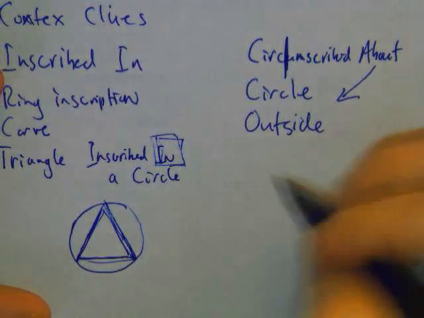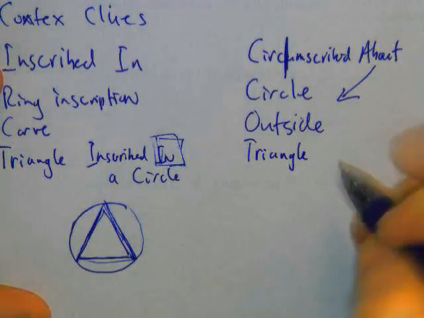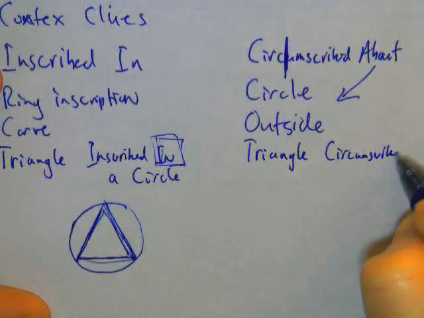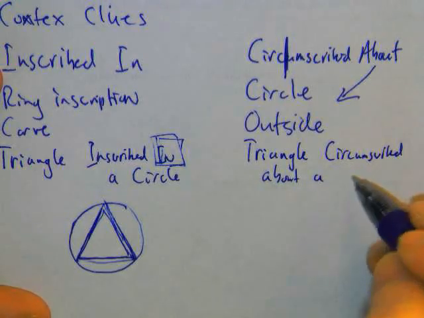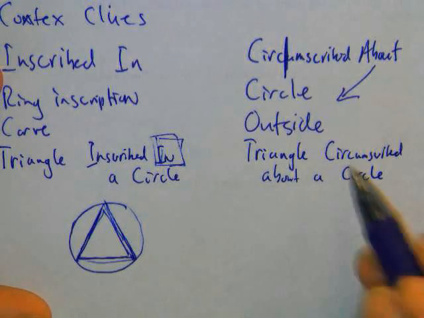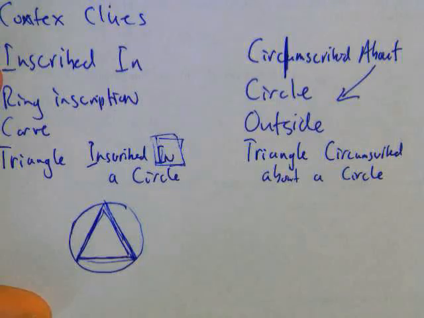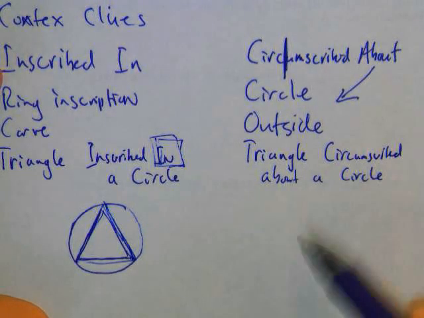If we say a triangle circumscribed about a circle, all I did was change that word. I left triangle and circle in the same spot. Triangle circumscribed about a circle. So now, to me, circumscribed about is outside.